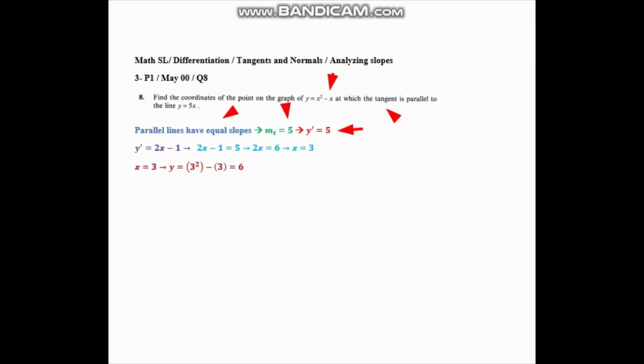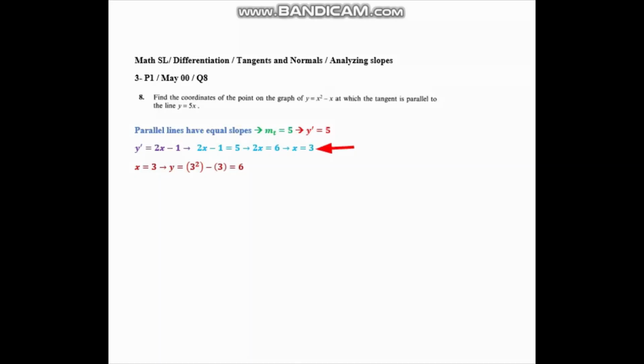So since y equals x squared minus x, y dash shall become 2x minus 1, the derivative of y, and hence I just have an algebraic equation to solve. 2x minus 1 equals 5. These are the two values of y dash, and then you simplify and you find that x equals 3.